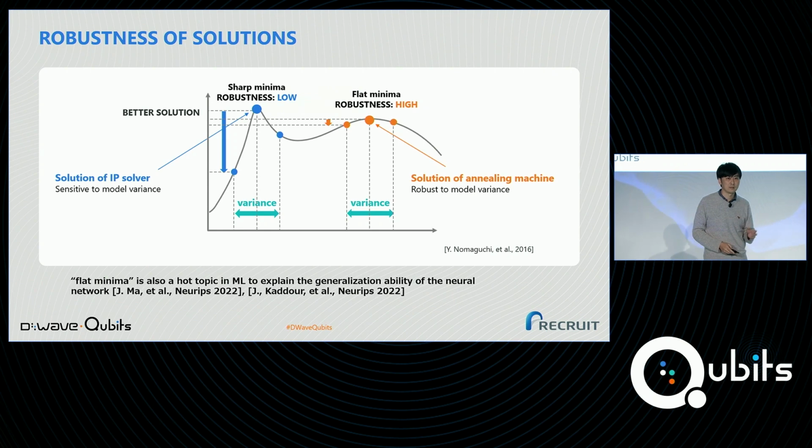So this is just my hypothesis that maybe the solution of the annealing machine could be somewhere around flat minima. That's why the solution of the CQM is more robust than CPLEX. And I also have to mention that this local flat minima is a very hot research topic in the machine learning community. There were many papers about this at NeurIPS last year.